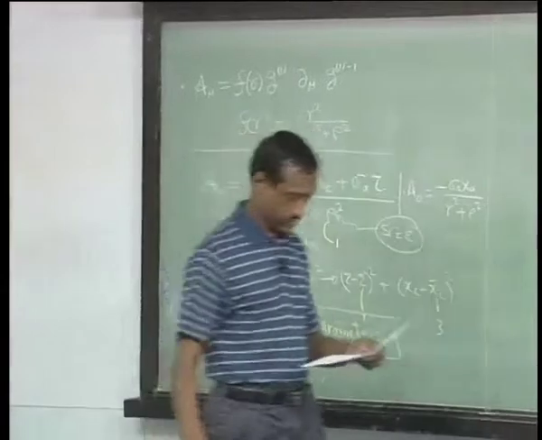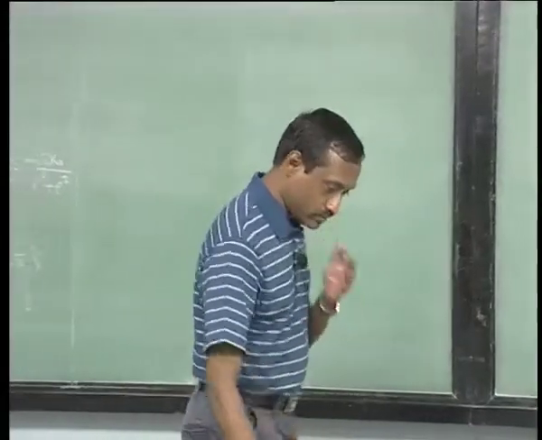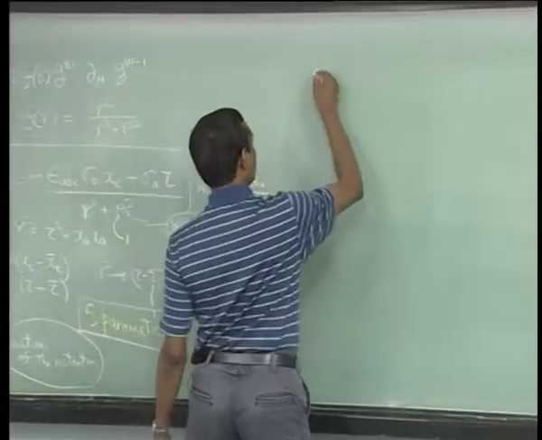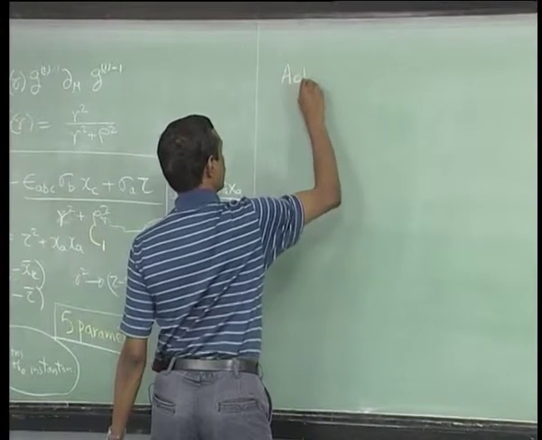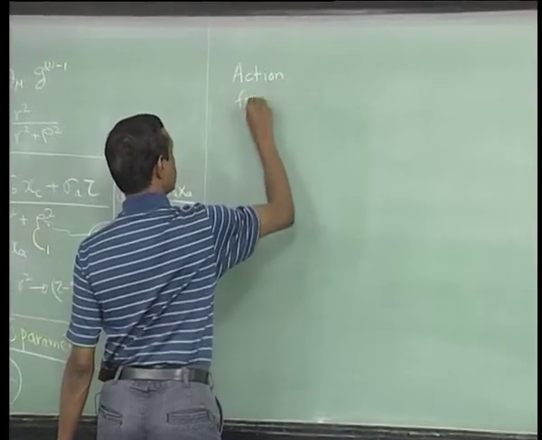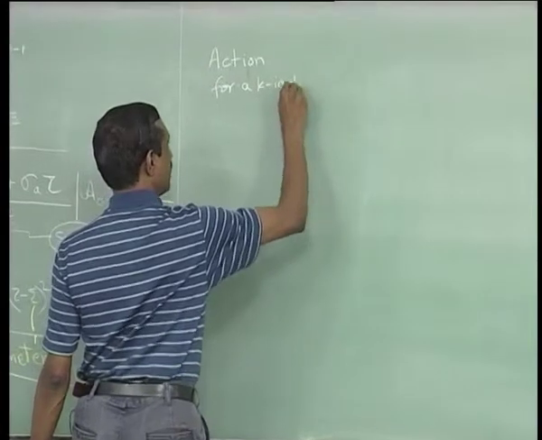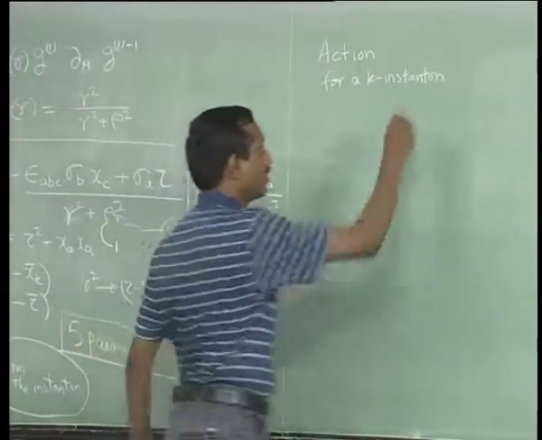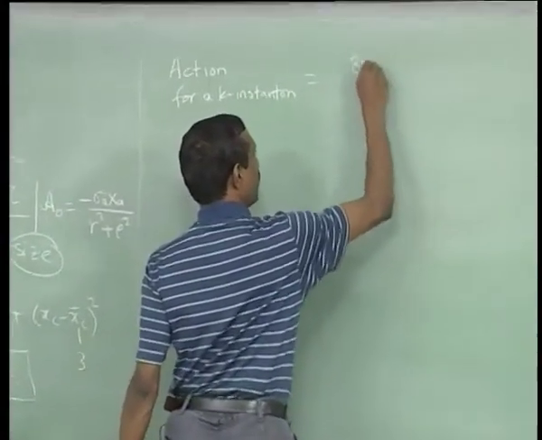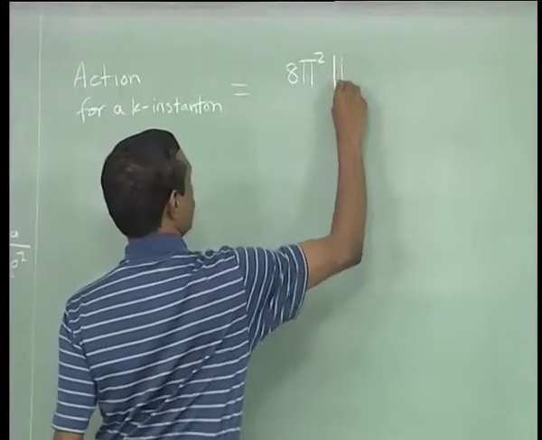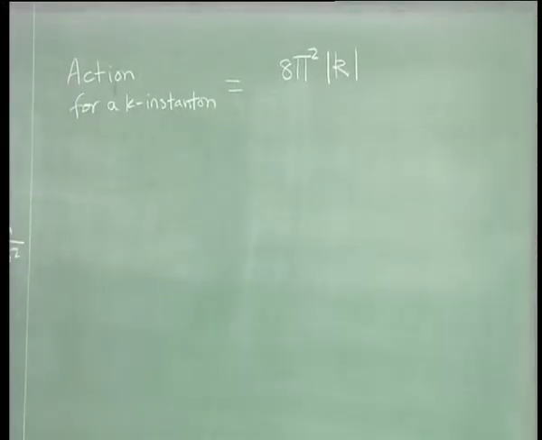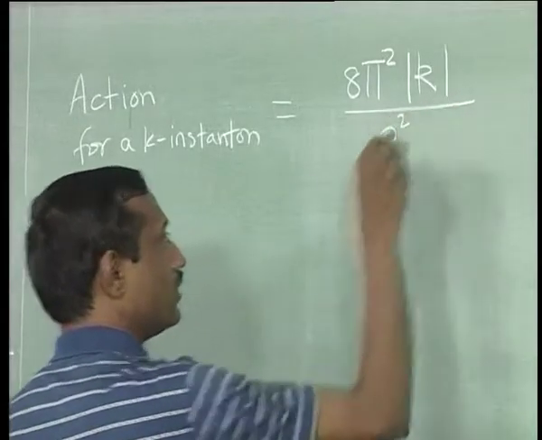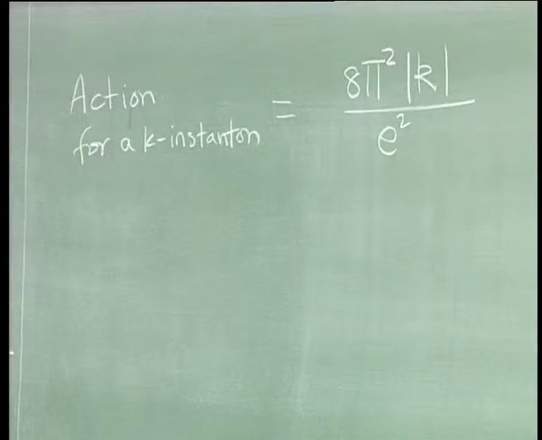Okay, and yesterday we missed out a minor factor when we worked out the energy or the action for a k instanton. That means, by this I mean instanton number is k, or the winding number is k. We worked it out to be 8 pi square times mod k, but actually in the action there should have been the coupling constant square, e square or g square, whatever we want to call it.